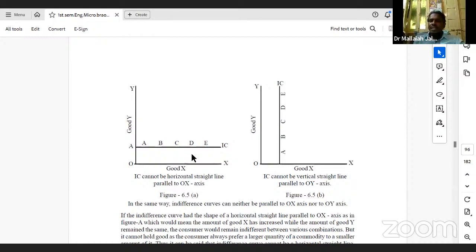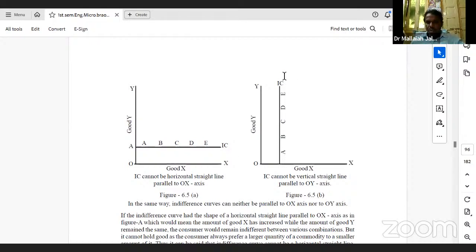Here one increasing means the other has to decrease. But in this first diagram, X may increase, and X increasing means Y has to decrease, but Y is constant up to A. There is no possibility of change, increase or decrease, right? That is why indifference curves are not horizontal.